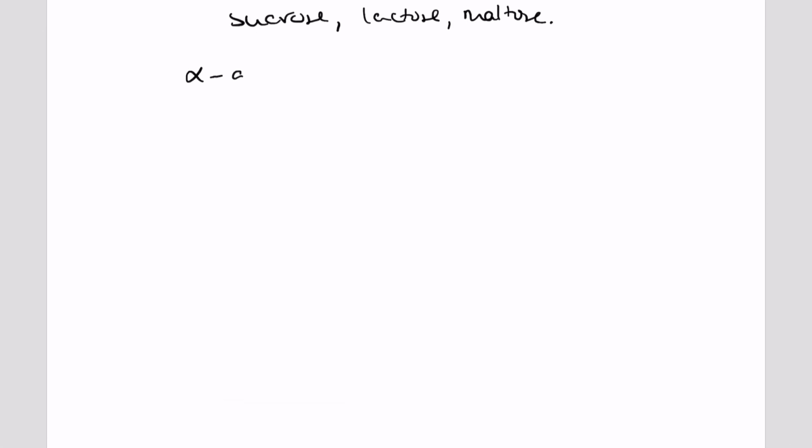So the types of disaccharides that you need to know about are sucrose, lactose, and maltose. And you need to know how we get those. So to get maltose, like I showed you, you need two alpha glucose molecules.